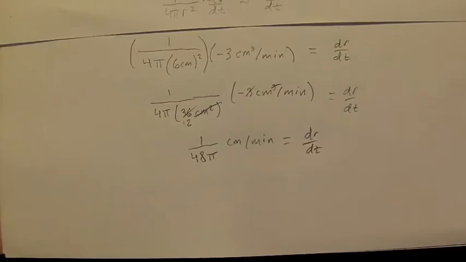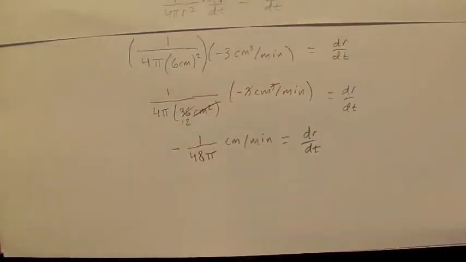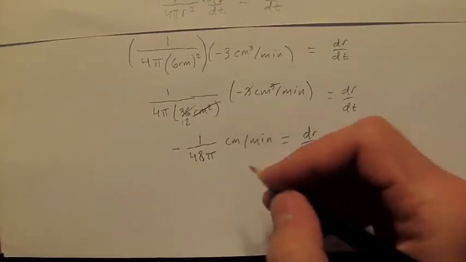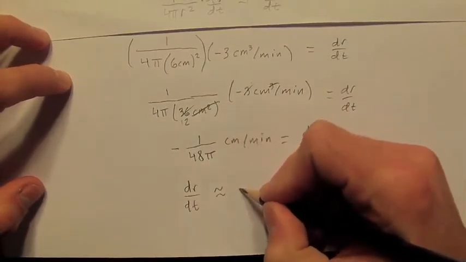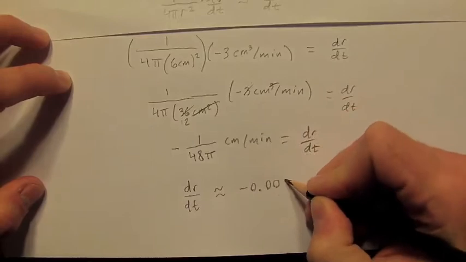Now, that is not really the greatest rate in the world if I tell you that at this moment the radius is, oh, and I lost my negative, sorry. If I say it's changing at negative 1 over 48 pi centimeters per minute, you might think I'm crazy, right? So let's go ahead and see what that is. 1 over 48 pi ends up being about 0.0066.